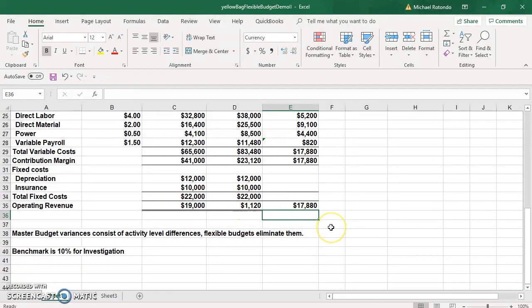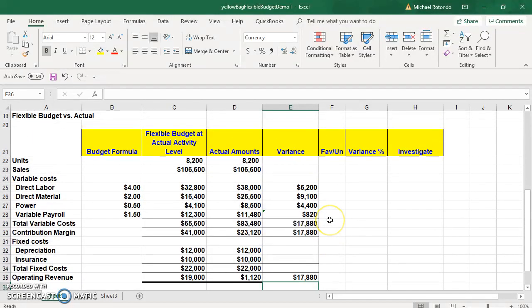So what this tells us is that we have a difference, and perhaps it will help us budget better next year. But we can see here that our direct labor variance is unfavorable because it is higher than what we budgeted for. So that's an unfavorable variance.